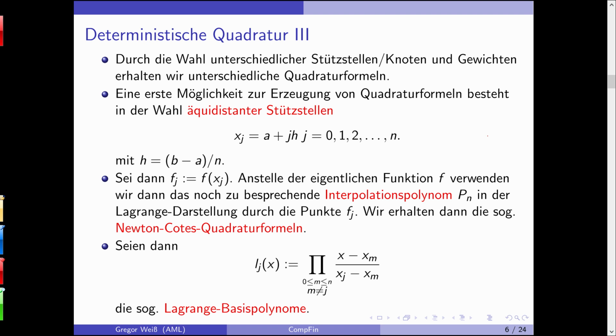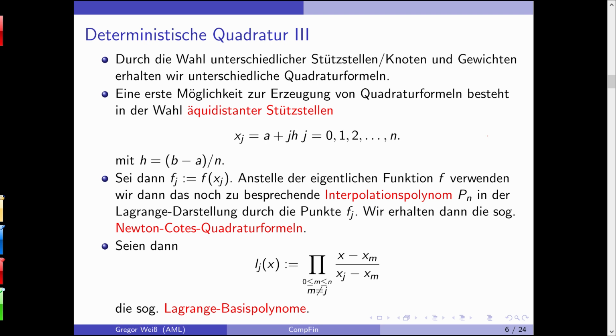So, for example, we start at 5 and then 6, 7, 8, 9, 10. And fj is the function value, so we are suppressing the argument of the function. fj is just the function value f of xj. It makes the notation simpler.